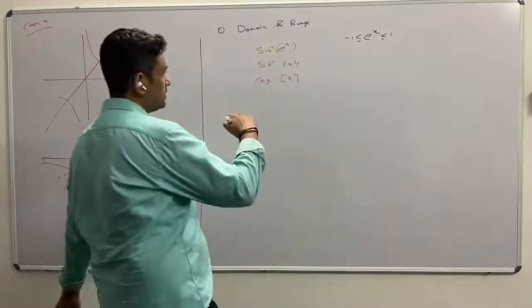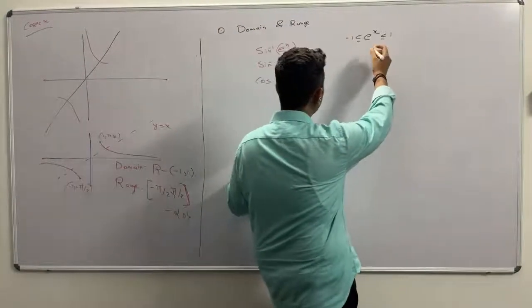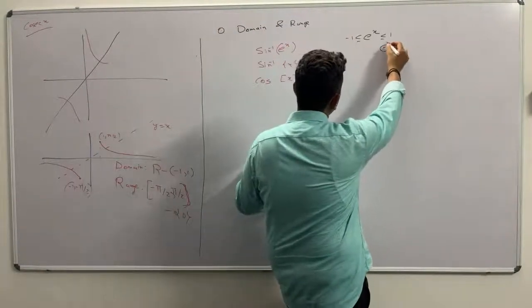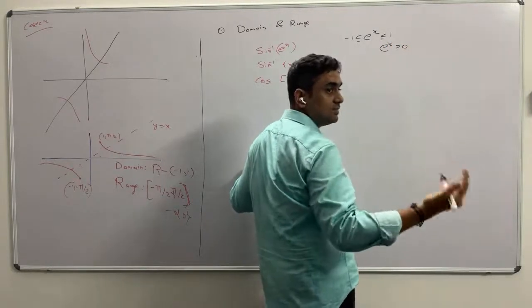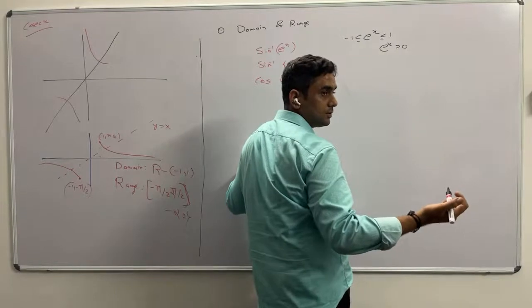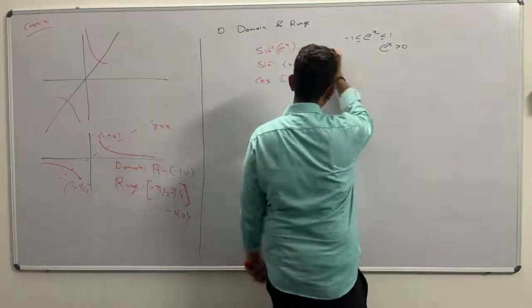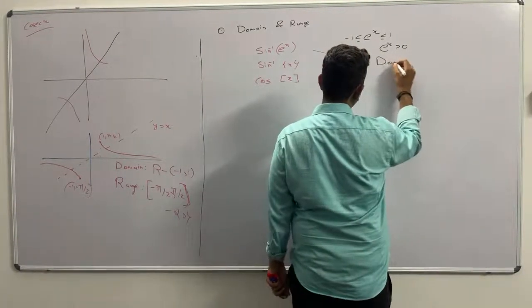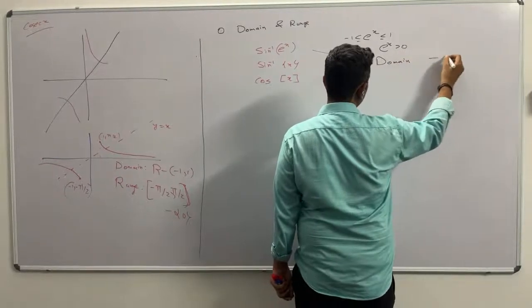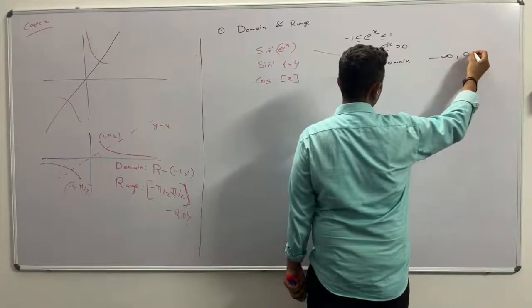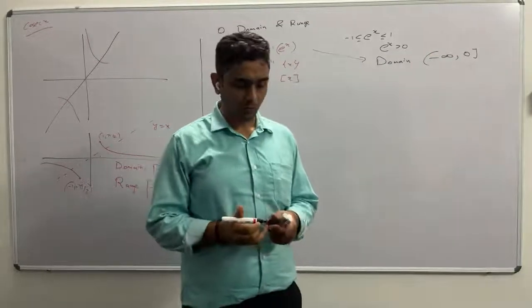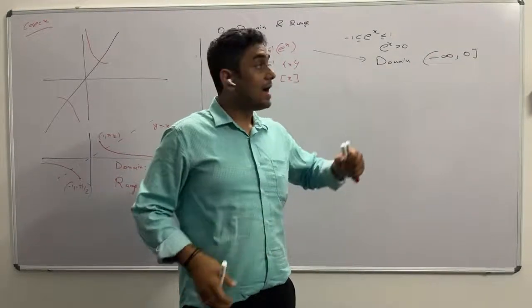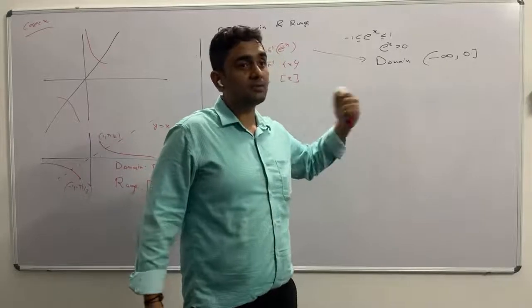But yeah, coming back over here, e power x will always be greater than 0. And e power x is 0 at minus infinity. So effectively, from over here, we will say that the domain will be minus infinity to 0, because at 0, e power 0 will become 1, and because e power x is always positive.